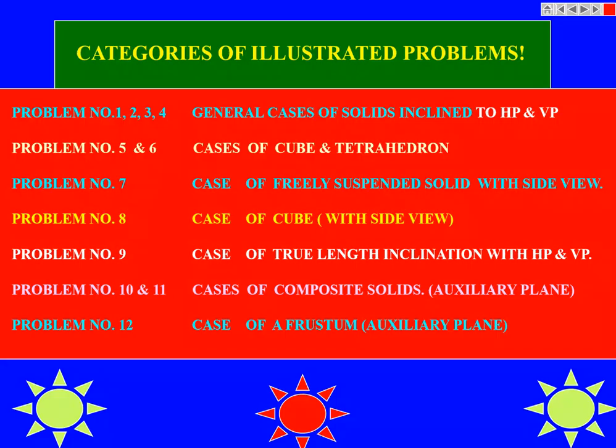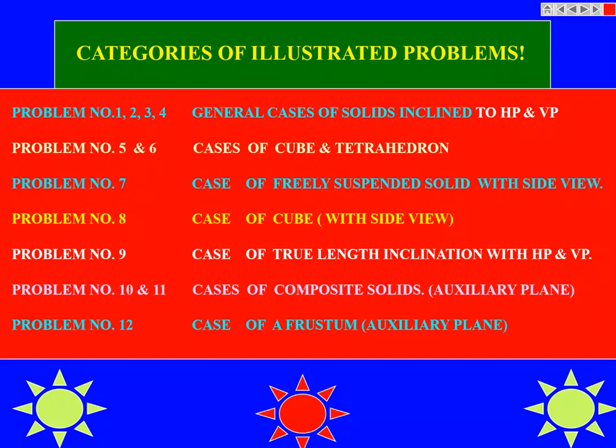These are the different cases of problems that we are going to discuss in detail. Problem numbers 1, 2, 3, 4 are solids inclined to HP and VP. Problems 5 and 6 are a cube and a tetrahedron. Problem number 7 is a freely suspended problem with the side view.